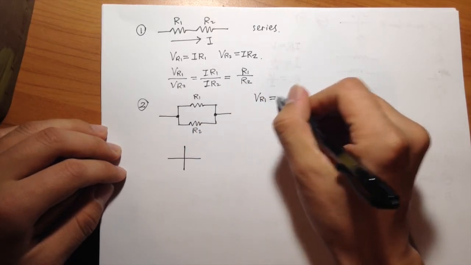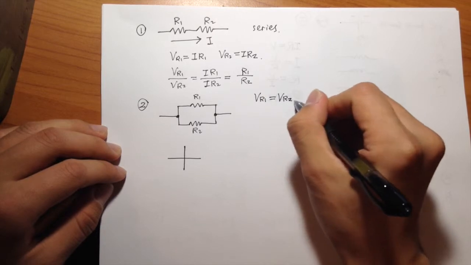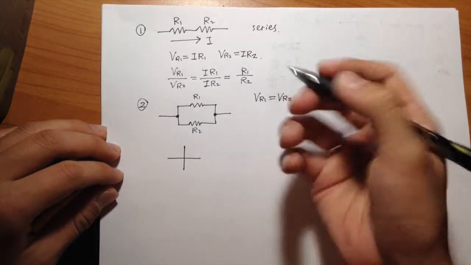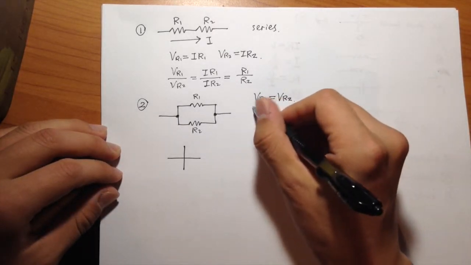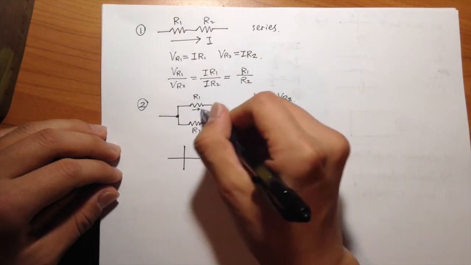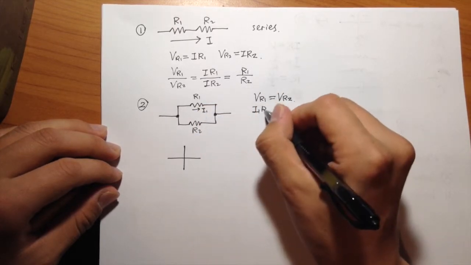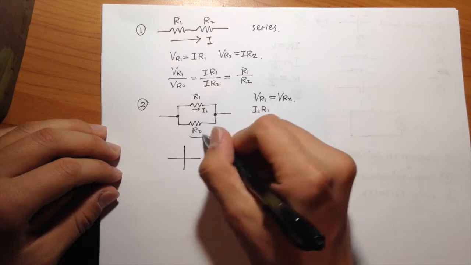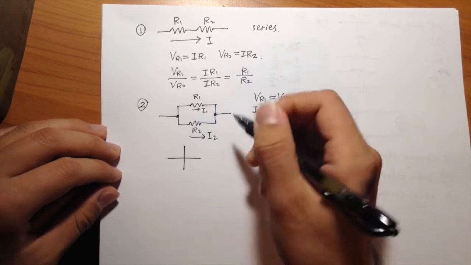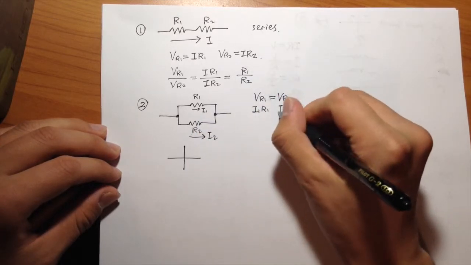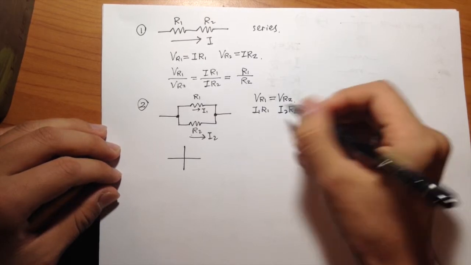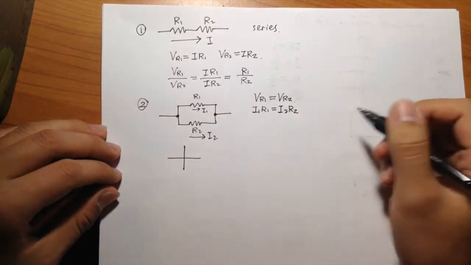VR1 equals VR2. But we also know that VR1 equals I1 R1, and VR2 is I2 R2. So these would be equal.